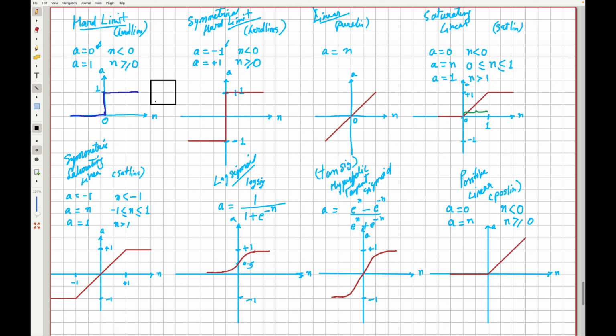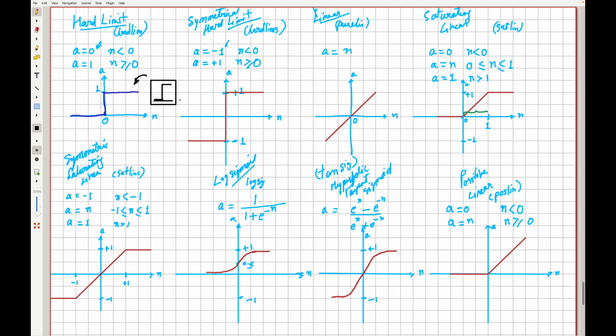For example, you have a straight line, and then another straight line right here, then it goes up here, and then it goes like this. So what this box is telling us is that the transfer function we are looking at is the Hardlim transfer function, which is this.